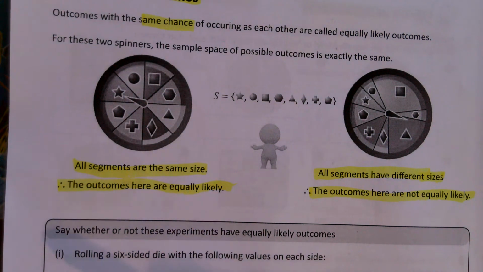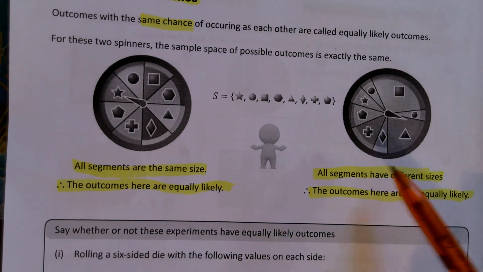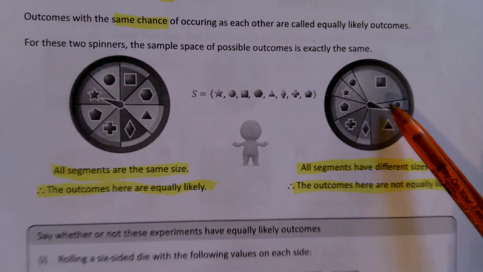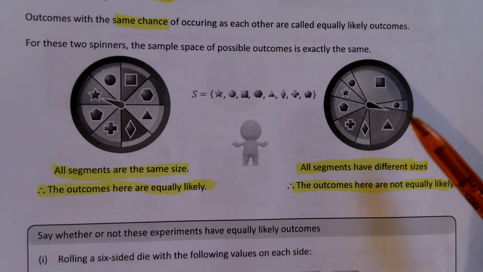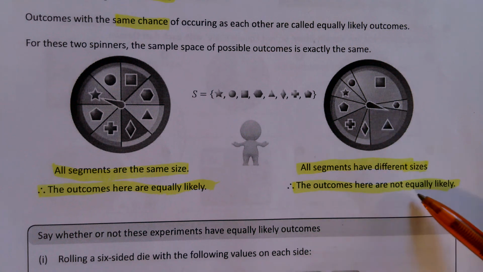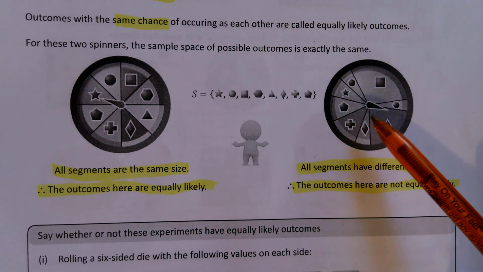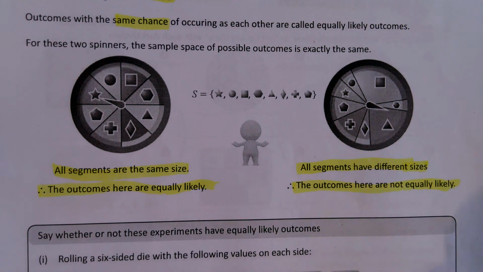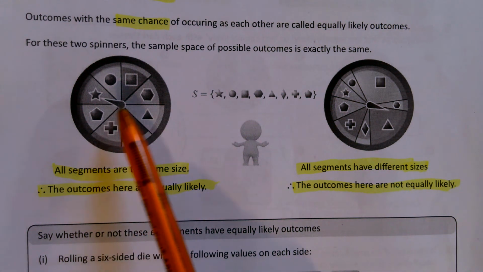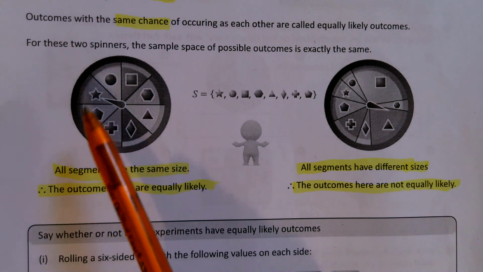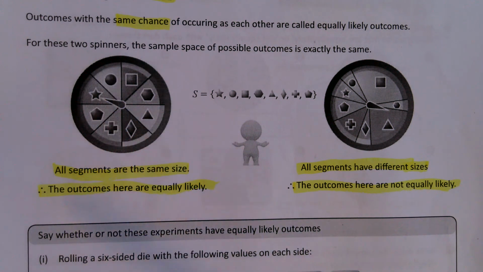All the segments are exactly the same size, so the outcomes are equally likely. This is a non-example. You can see they're different sizes, so they have a different likeliness of an outcome. This one's more likely to occur than any of the little ones, isn't it? So it's got to be even chance for it to be equally likely.